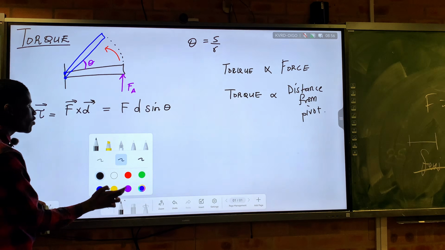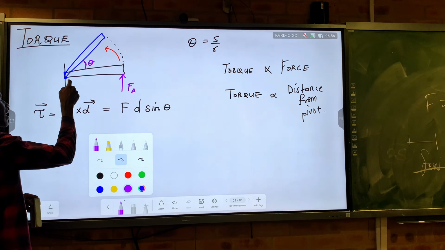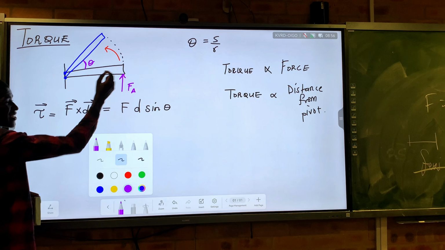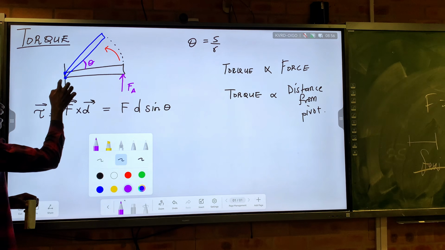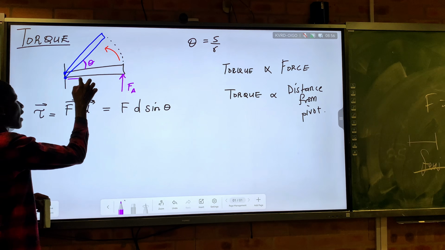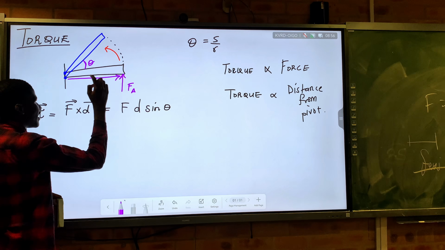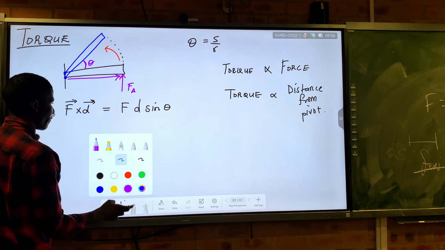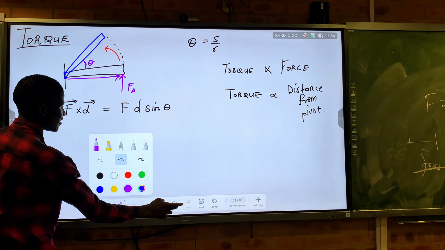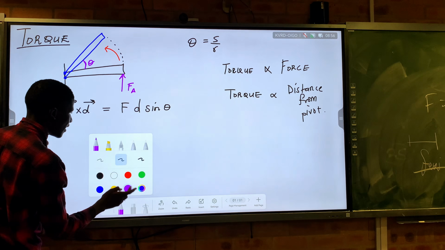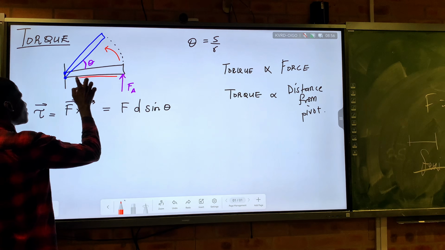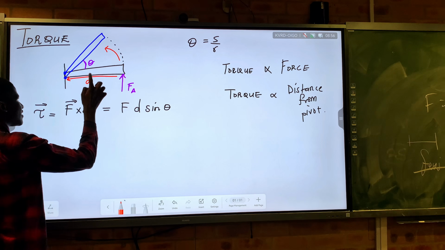So if I look at the distance vector, let's identify it. In this case, I'm applying a force at the end, and the distance vector is this one. This is your distance vector.